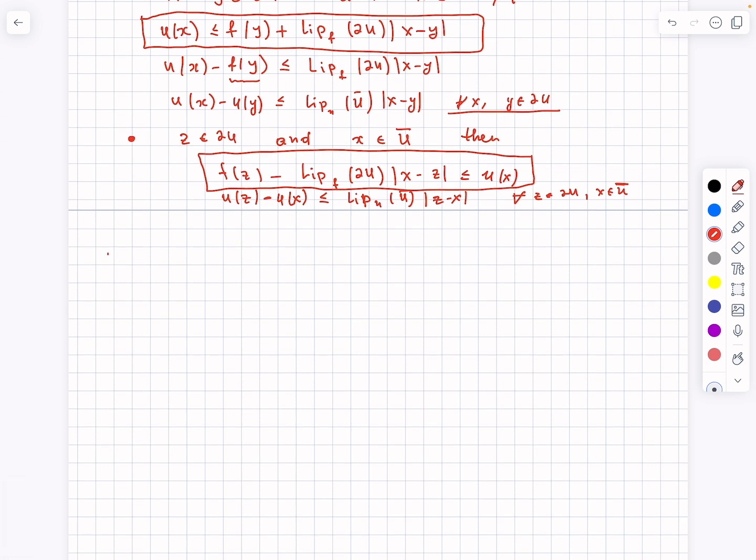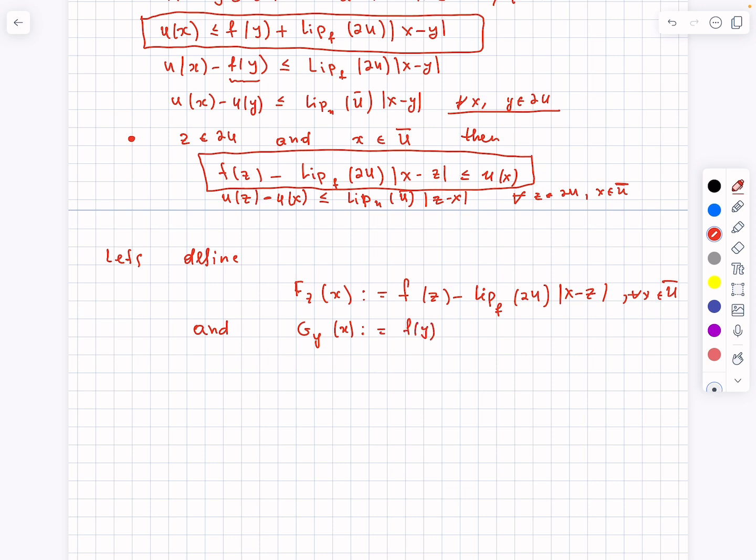Now let's define f_z(x) equal to f(z) minus Lip(f, ∂U) |x - z| for all x in the whole domain, and g_y(x) equal to f(y) plus Lip(f, ∂U) |x - y| for all x in the whole domain, where y and z are on the boundary.